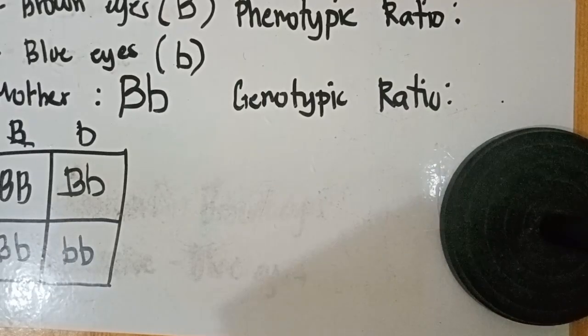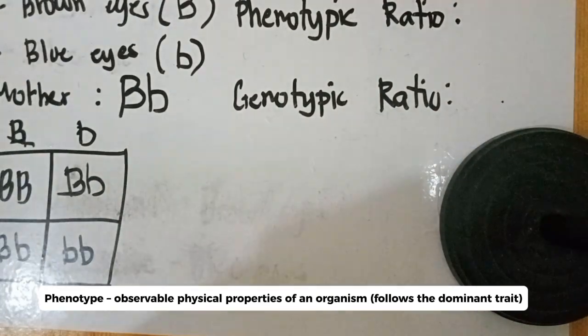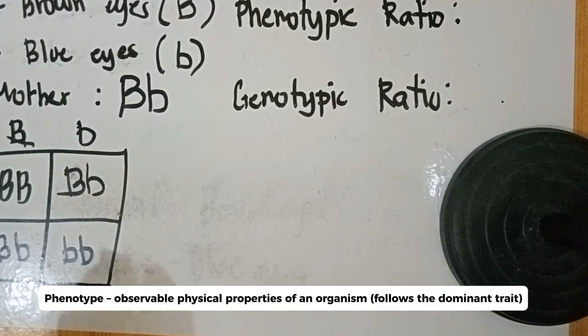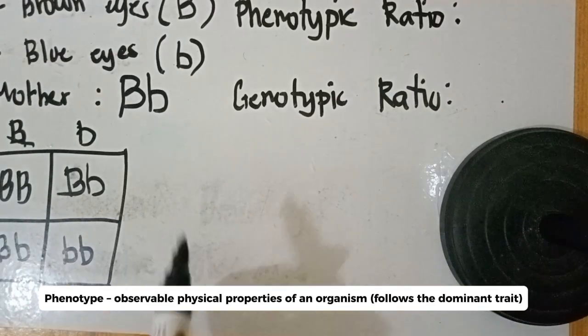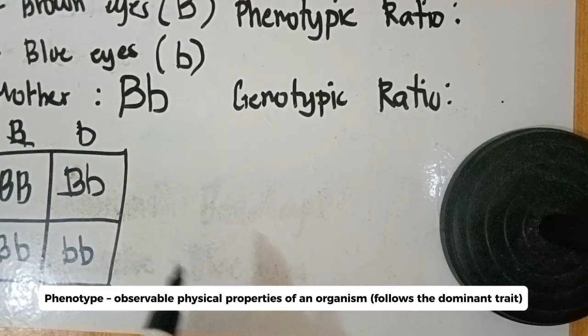In our problem, they are asking for the phenotypic ratio. Phenotype is the observable physical properties of an organism, and it follows the dominant trait. Again, the phenotypic is what we see physically. The dominant trait is represented by the big letter B. So how many have a big letter B?